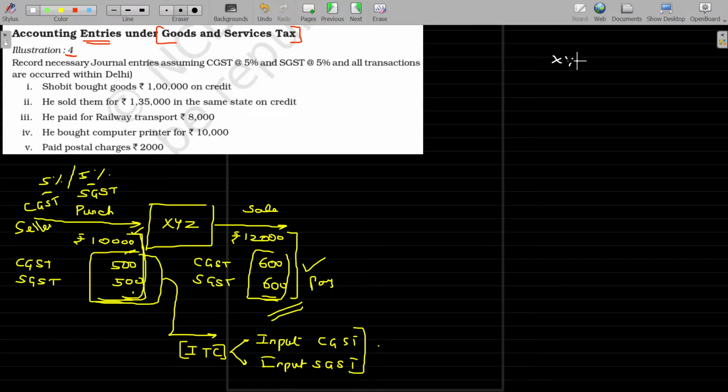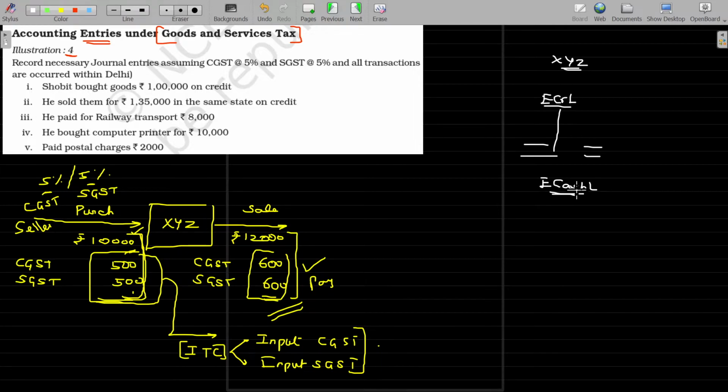Now, XYZ company will maintain three accounts. One is the electronic credit ledger. Another one is the electronic cash ledger.